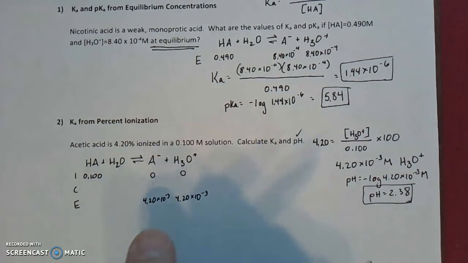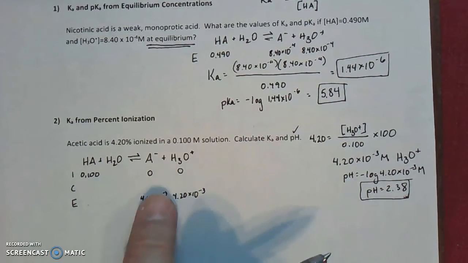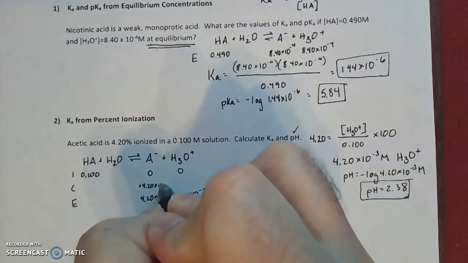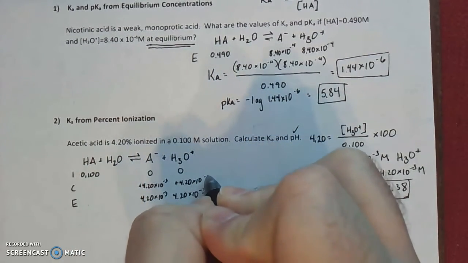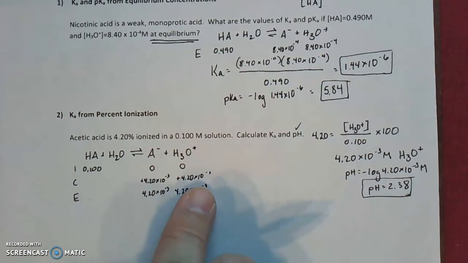From that, we know that this is always going to be minus x and these are going to be plus x, but we know what x is. So this is plus 4.20 times 10 to the minus third, and this is plus 4.20 times 10 to the minus third.